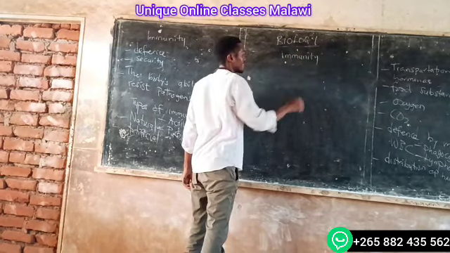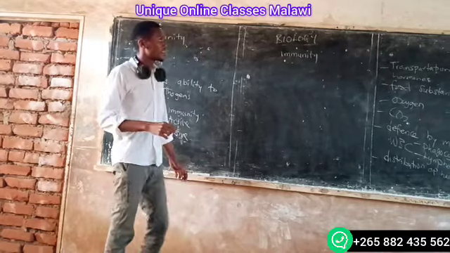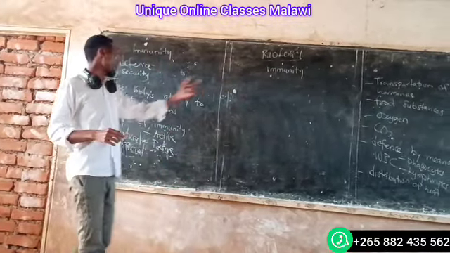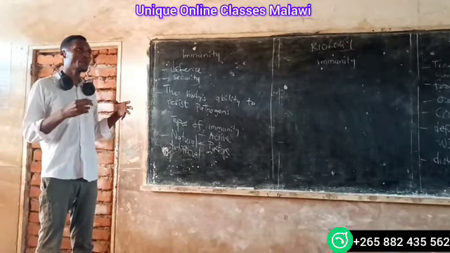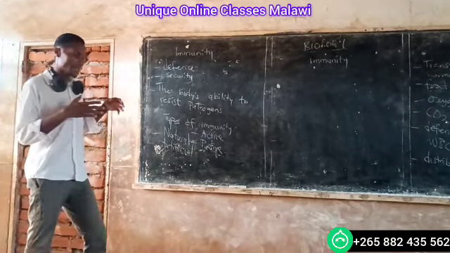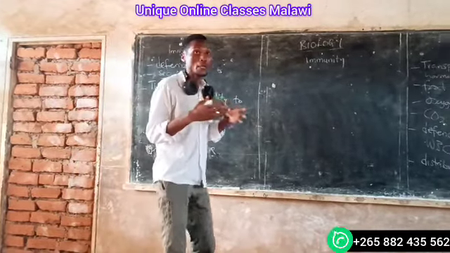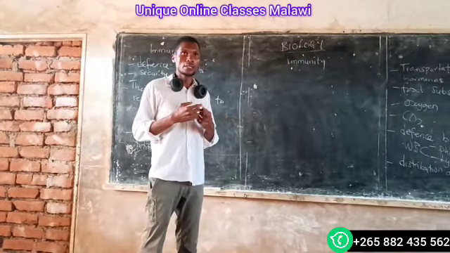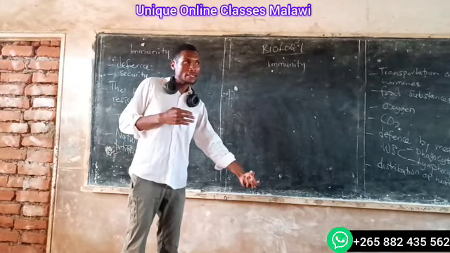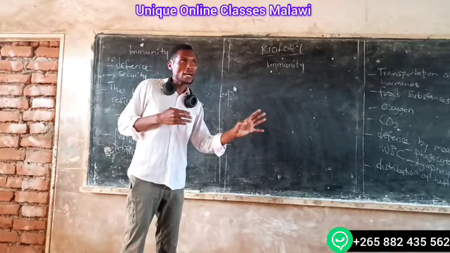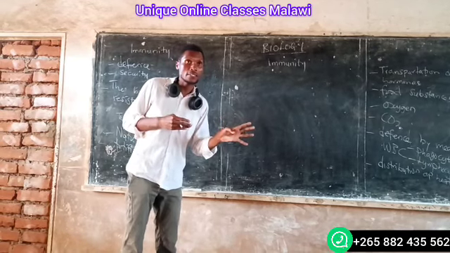We are going to talk about the features that bring about immunity. So, what brings about immunity? The blood circulatory system.